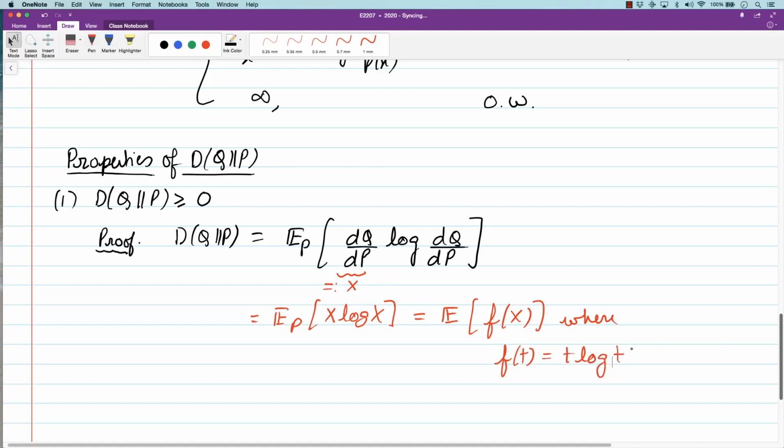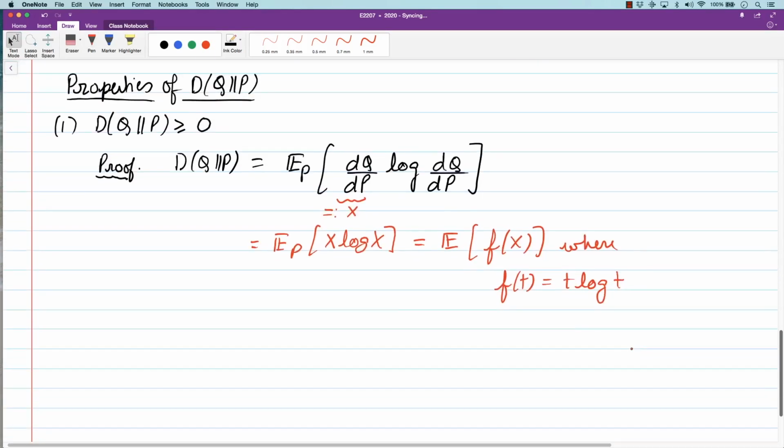So what do we know about this function t log t? How does it look? As t goes to infinity, this goes to infinity, and as t goes to 0, this function also goes to 0.